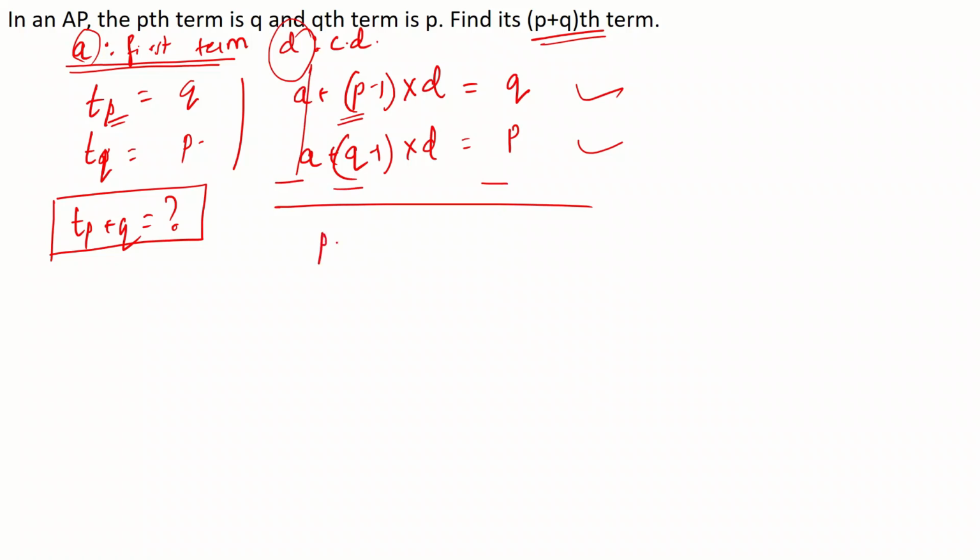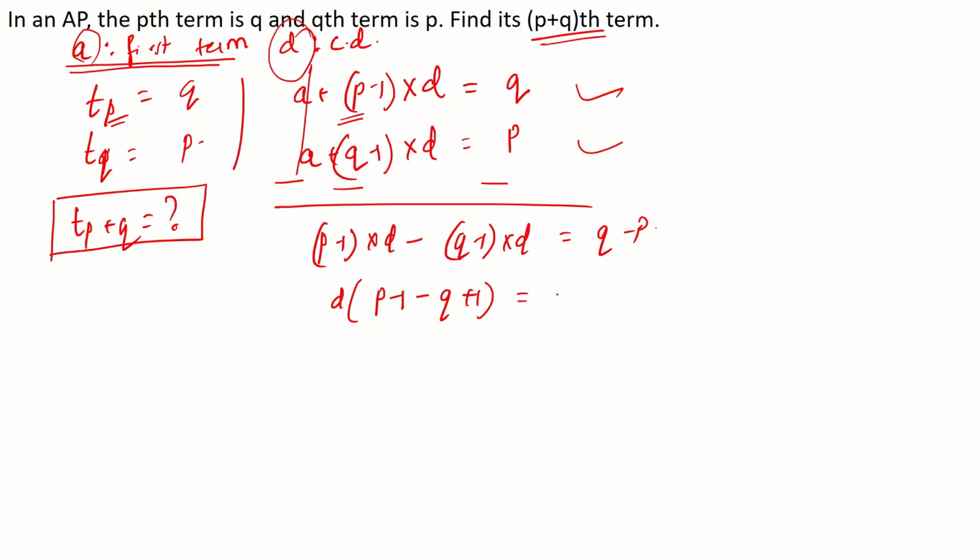I have p minus 1 into d minus q minus 1 into d is equal to q minus p. I can take d common. I have p minus 1 minus q plus 1 is equal to q minus p. So minus 1 plus 1 cancels out. d times p minus q is equal to q minus p.